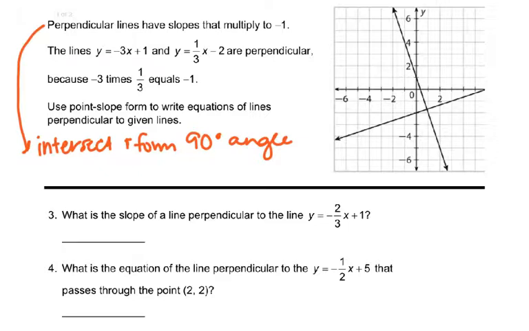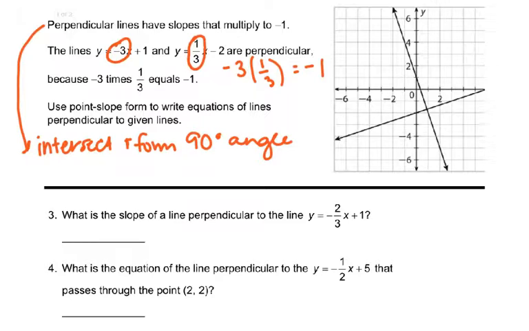That does not mean that the slope multiplies by -1 and gets something. It means that the slopes of two lines, so if I have the slope in this line, y equals -3x, that means that this slope and this slope are going to multiply to be -1. And so -3 times 1/3 ends up being -1.